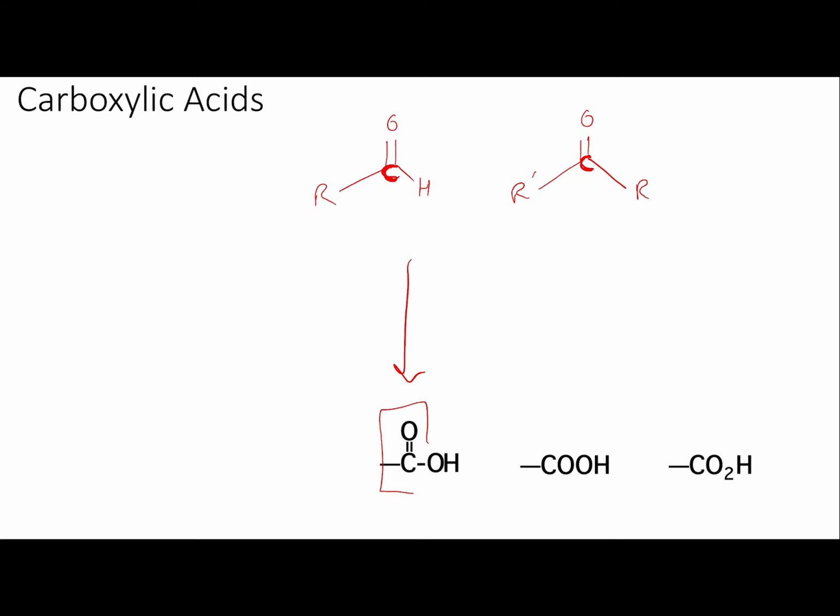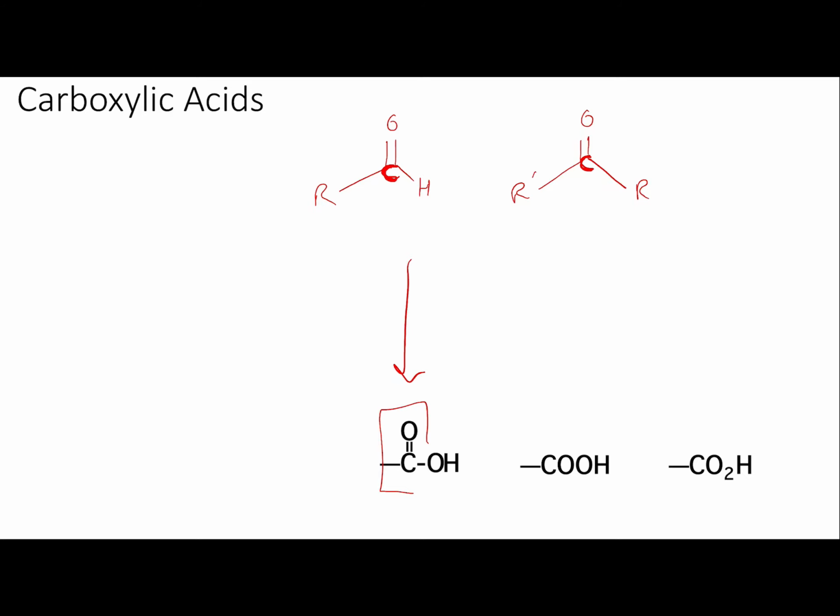Now remember, this is a polar group, so these had higher boiling points and melting points than regular alkanes and even regular ethers, because the CO bond is not quite as polar as the CO double bond.